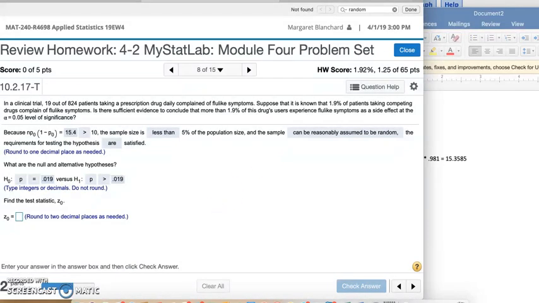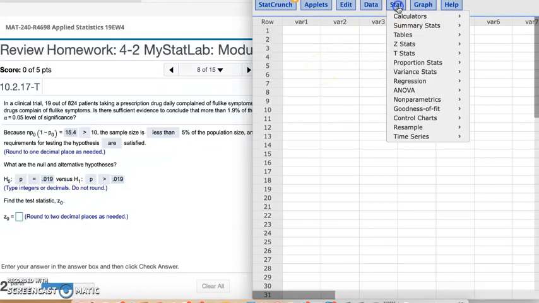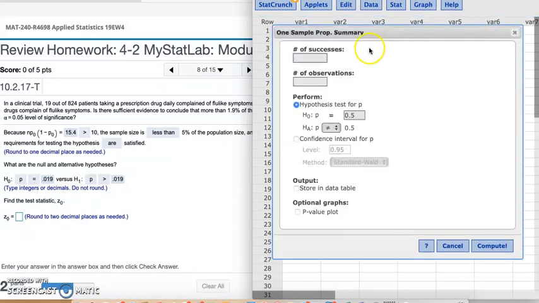All right, find the test statistic. I'm going to do this in StatCrunch because it's super easy, and for anyone having a hard time, I want to show you the easiest way to do it. We go to Stat, then Proportion Stats, One Sample, and in this case, we have the summary, not the data set. The number of successes is 19 and the number of observations is 824, both right from the problem.